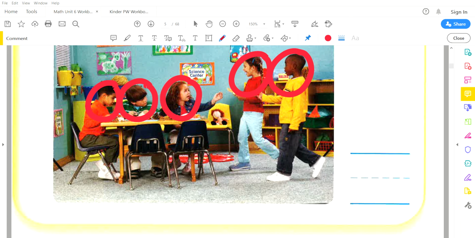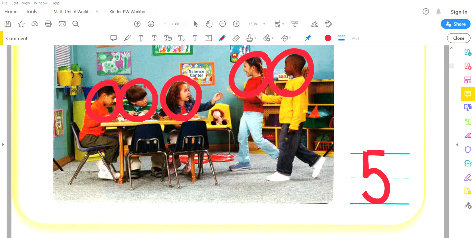To do this, we're going to add them together. We're going to see how much 3 and 2 equals. Would you count with me, please? I see 1, 2, 3, 4, and 5 students in all. 3 and 2 equals 5. Would you please write a 5 on the handwriting line?